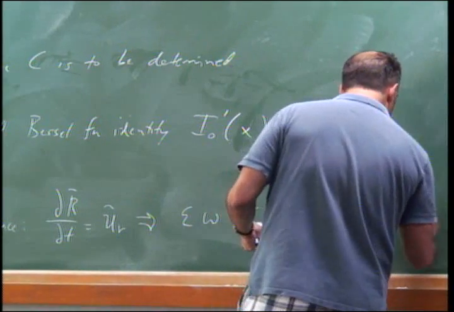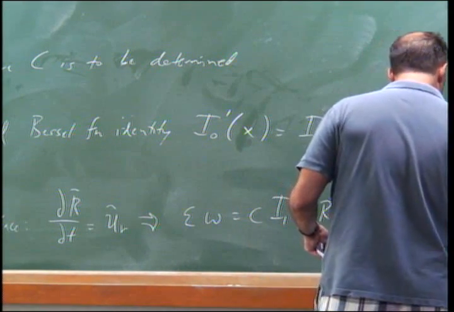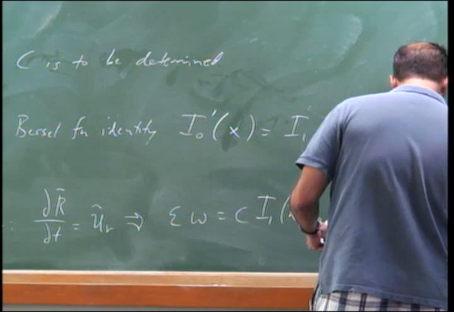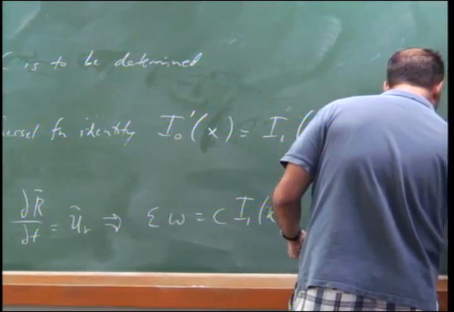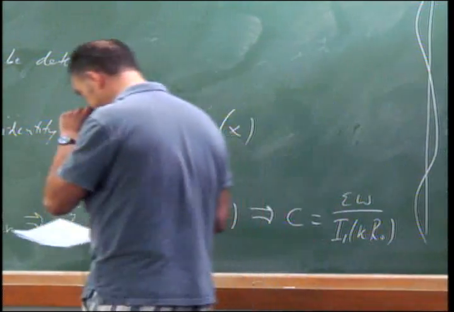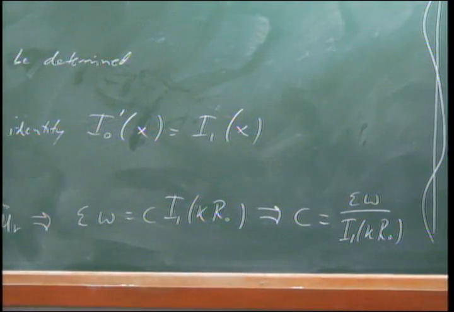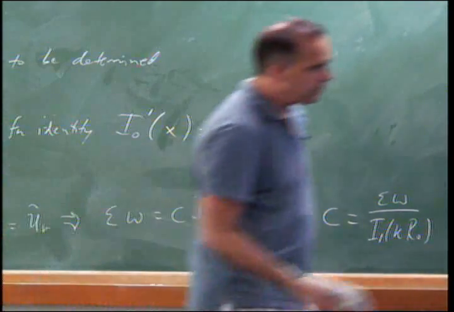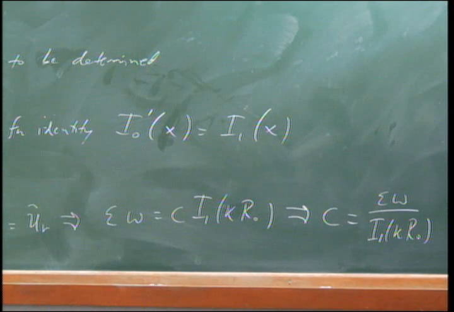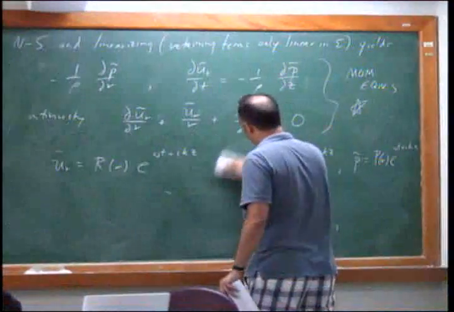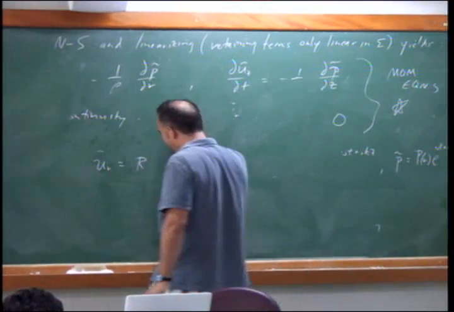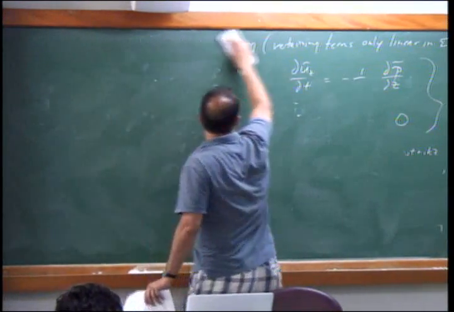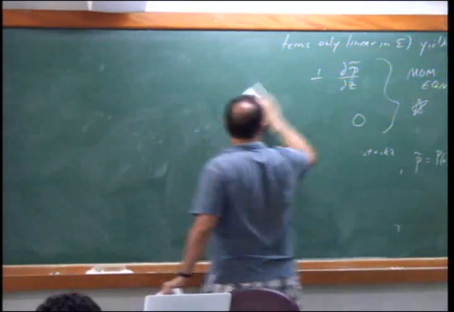And that gives us C. Okay, we haven't applied the normal stress balance yet. Again, one has to use everything to solve the problem. In Navier-Stokes, one has to use the boundary conditions. Ultimately, we'll get to the dispersion relation.